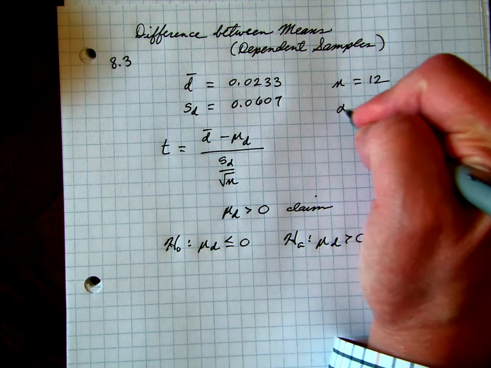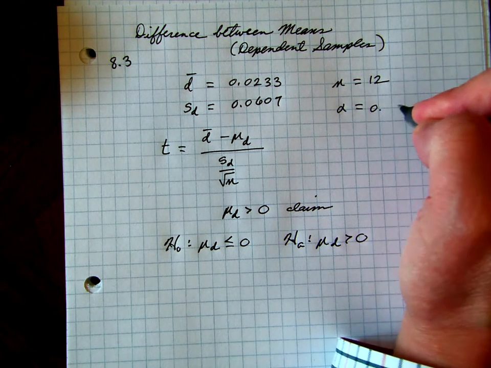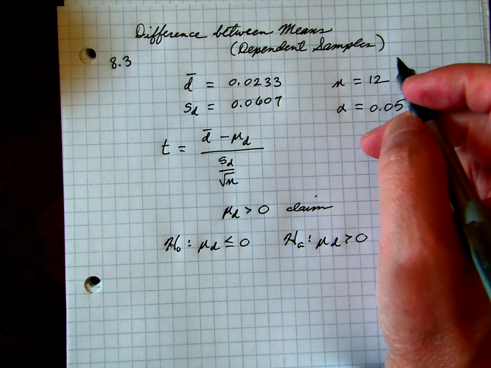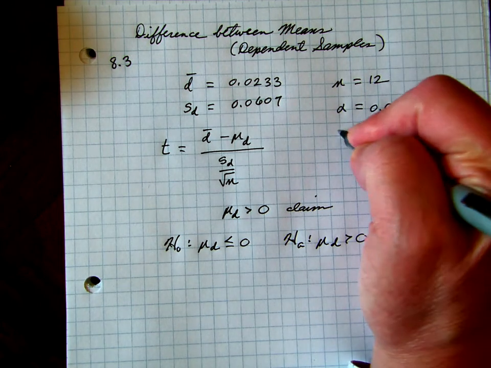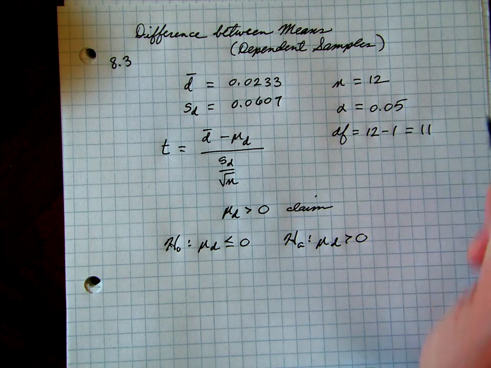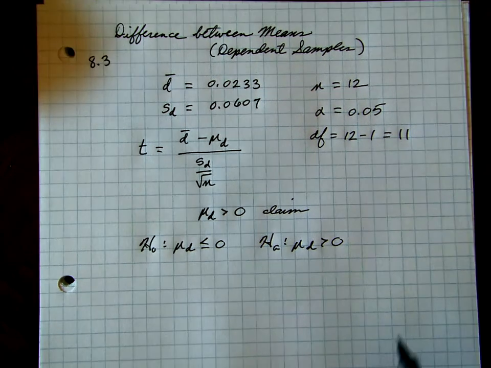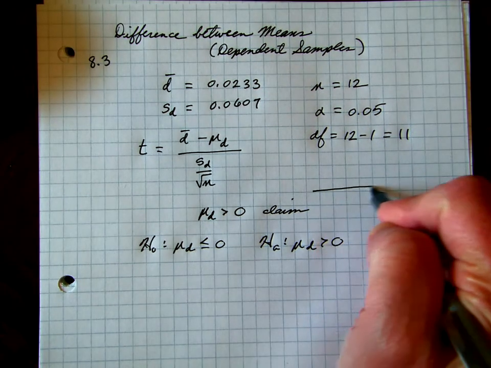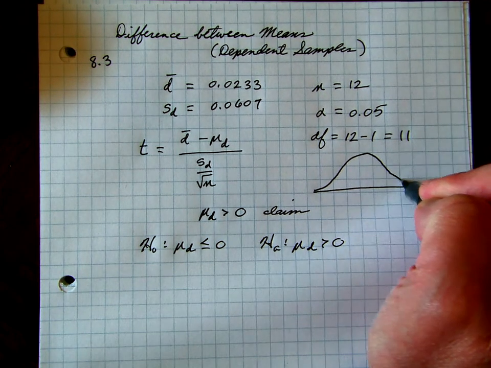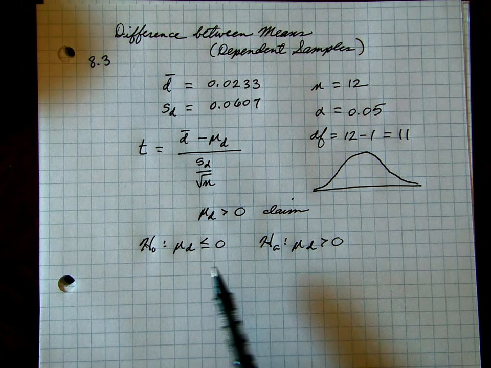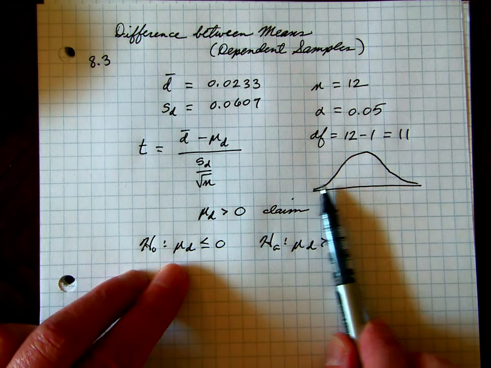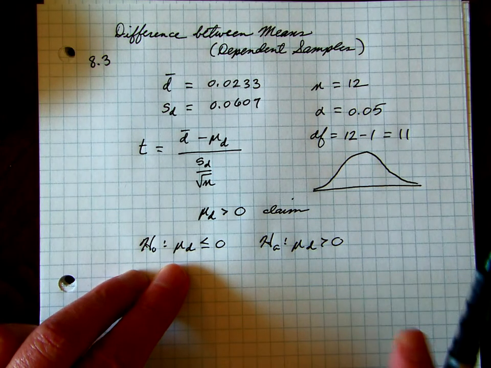Okay, so that's what we have. We know that alpha is supposed to be, for this test, 0.05. And we know the degrees of freedom will be 12 minus 1, or 11. What does this give us? Well, if we look at our t-distribution, the null hypothesis is 0 or below.